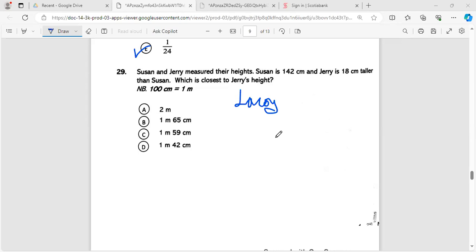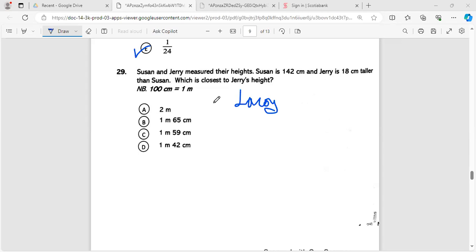So Susan and Jerry measured their heights. Susan is 142 centimeters, and Jerry is 18 centimeters taller than Susan.